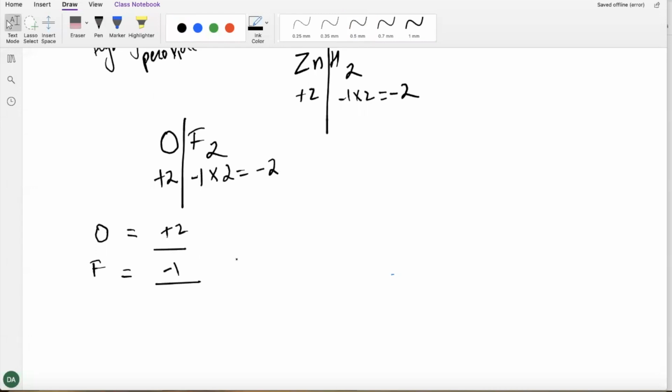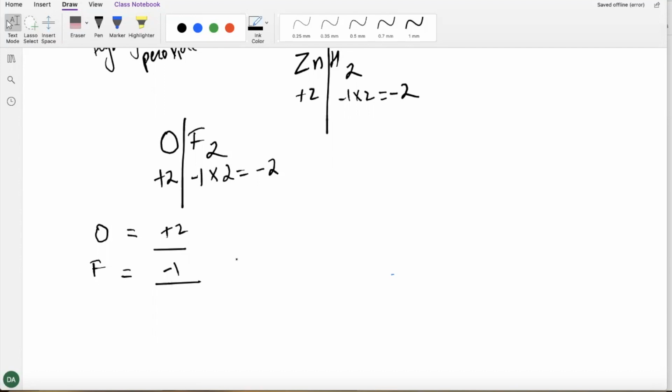So guys, what do you see that's weird here? Oxygen is +2. We never thought we would be assigning oxygen a positive charge. Remember, we learned from the beginning that oxygen is -2. This is where I wanted to mention that oxidation number or oxidation state is not the same thing as ionic charge. Yes, they are very closely related.